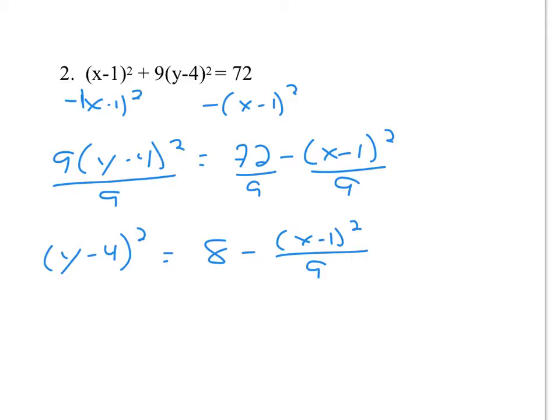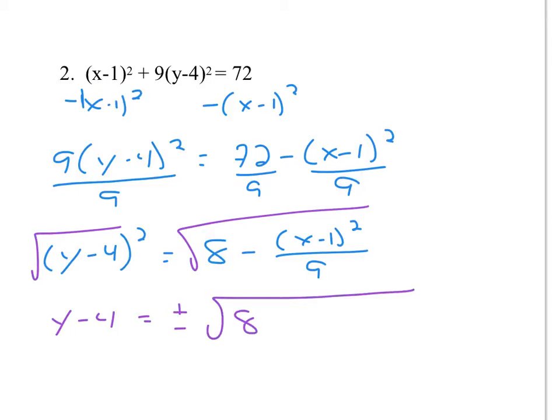I'm now going to take the square root of both sides. So switch colors, square root, y minus 4 is equal to plus or minus square root of 8 minus, in parentheses, x minus 1 squared over 9.